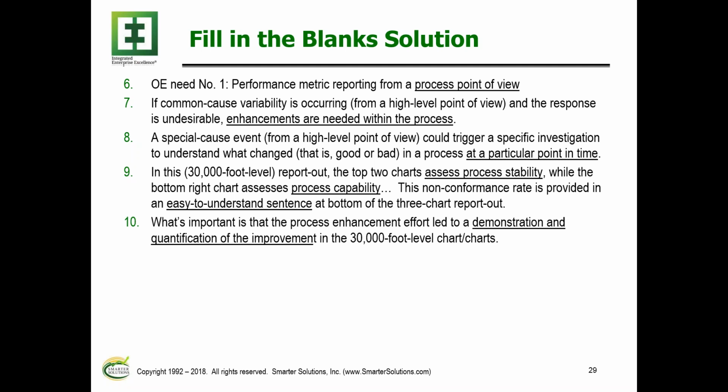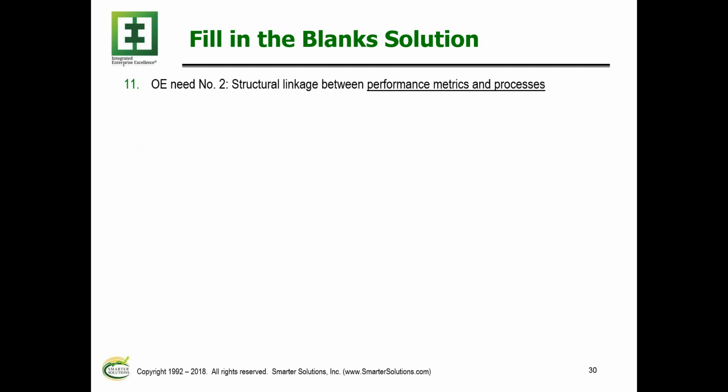What's important is that the process enhancement effort led to a demonstration and quantification of improvement in the 30,000-foot level charts. Need number 2 for operational excellence, structured linkage between performance metrics and process. Again, I think this is so important that you do.